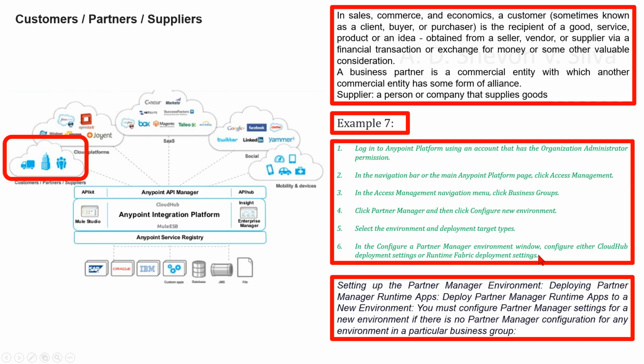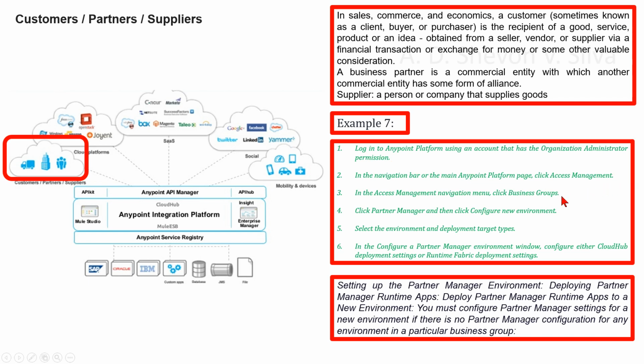In deploying Partner Manager runtime apps and setting up the Partner Manager environment, you must configure Partner Manager settings for a new environment if there's no Partner Manager configuration for any environment in a particular business group. One, log on to Anypoint Platform using an account that has organization administration permissions. Two, in the navigation bar or main Anypoint Platform page, click Access Management.